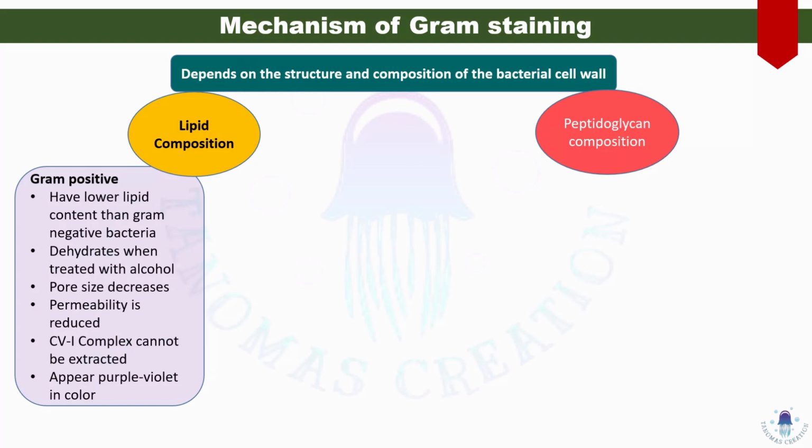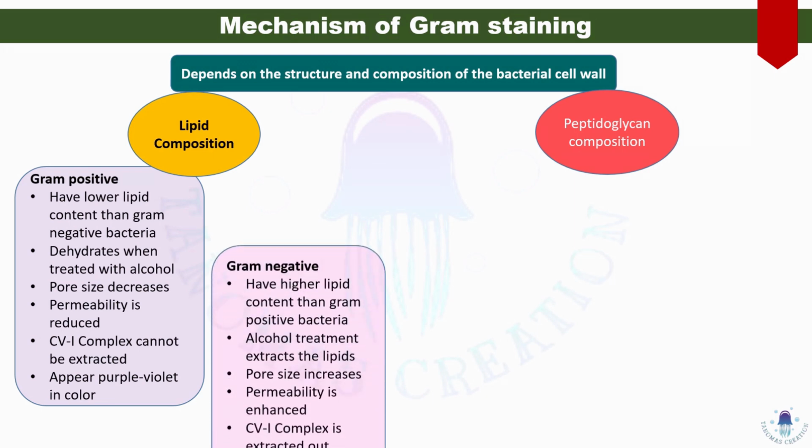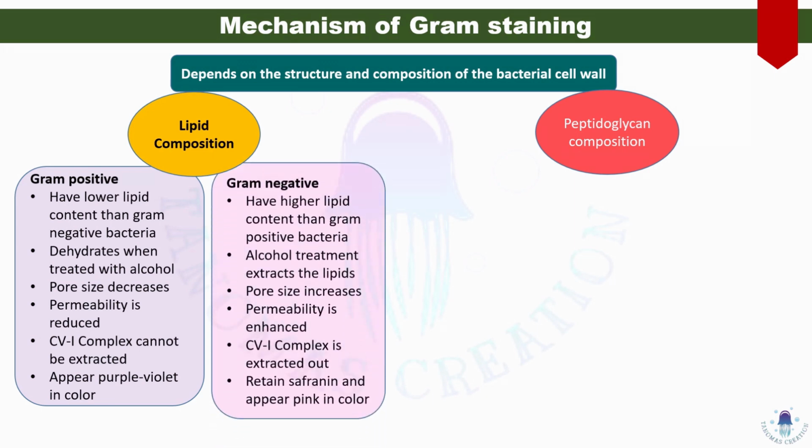And after dehydration, what happens? Pore sizes decrease, resulting in reduced permeability, because of which the CVI complex, that is crystal violet and iodine complex, cannot be extracted out from the cell wall. So therefore, it appears purple violet in color. Whereas gram-negative bacteria have a higher lipid content because of the presence of the outer membrane.